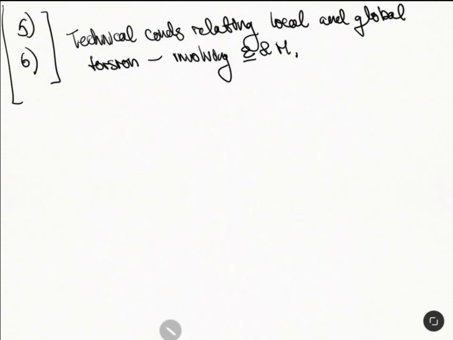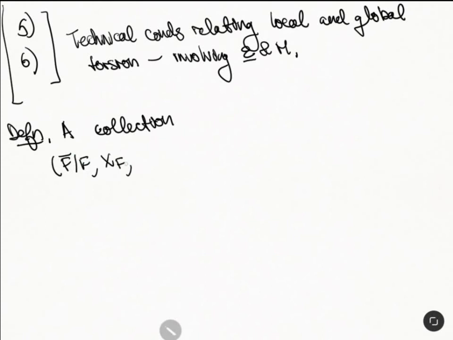But first we'll just give a definition. So a collection F bar over F, X over F, L, let's call this M underline, and then we'll say V underline.